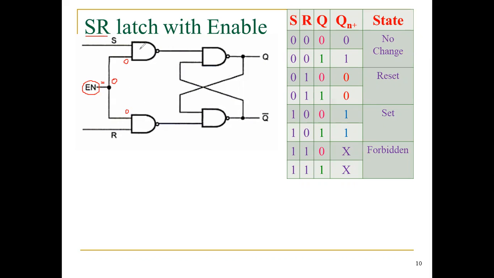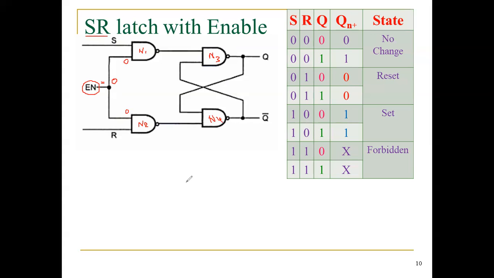Say for example, this may be NAND gate 1, and this may be NAND gate 2. Since you are a beginner, you can name these N1, N2 and N3. This is the third NAND gate and this is the fourth NAND gate.